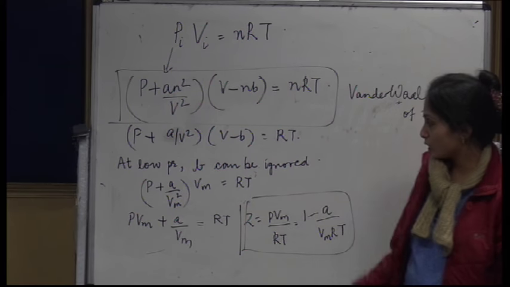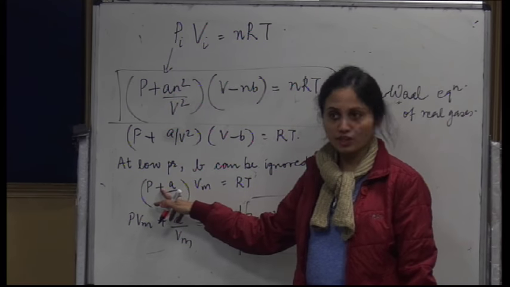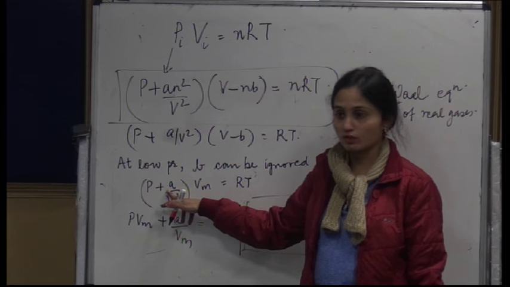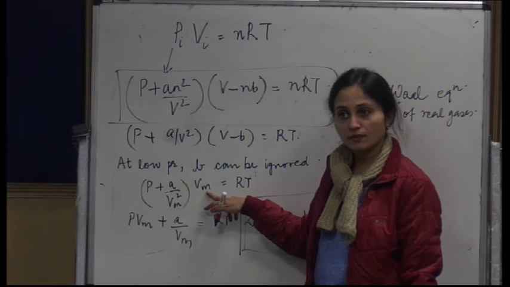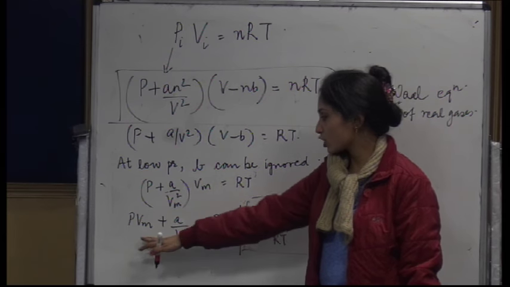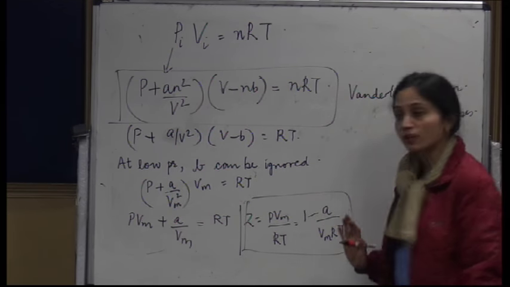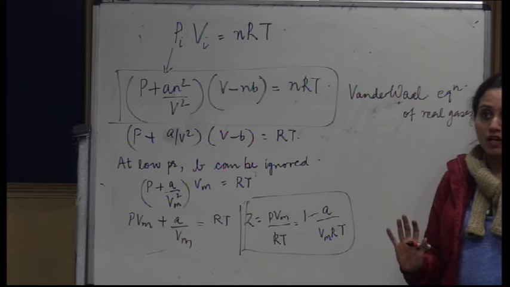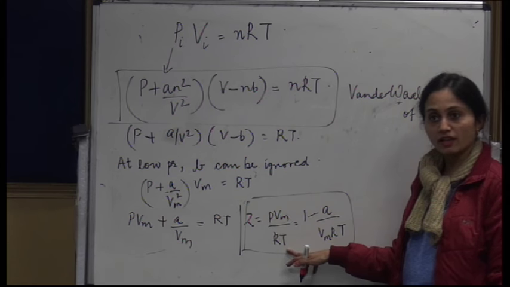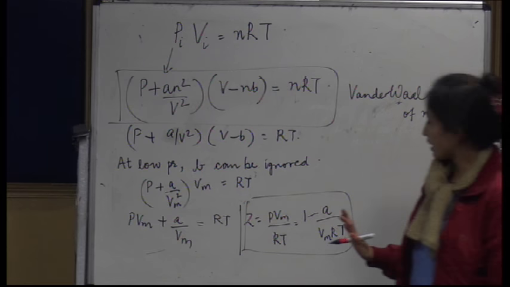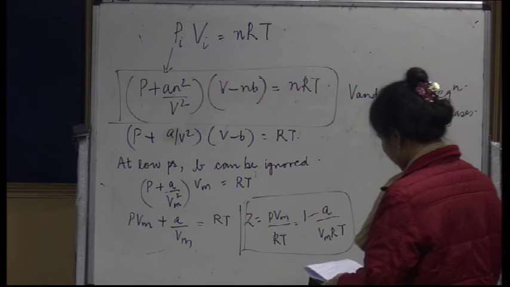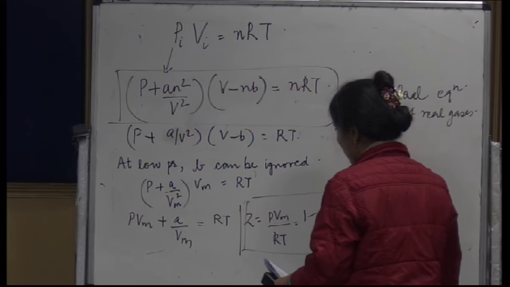If B can be ignored, there are still some forces of attraction, तो इसको नहीं ignore कर सकते low pressure में. So what we have is P plus A by Vm square, B ignore कर दिया. Then we've just rearranged this expression to get our compressibility factor. What is your compressibility factor? PVm by RT. उसका expression will be equal to 1 minus A by Vm RT. Now just look here and let's calculate at high pressures as well.